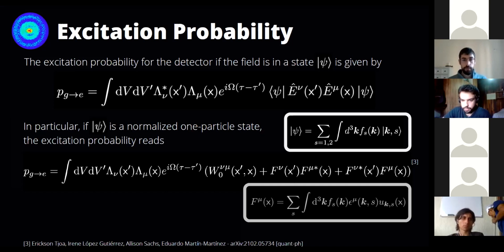So this guy will never contribute, and the vacuum excitation probability will always vanish in vacuum as well if the detector is inertial. So essentially, this term can be regarded as a counter-rotating term, this is a co-rotating term, and this is the vacuum contribution. Both of these do not contribute in the long time limit for an inertial detector, and only the particle content will actually be responsible for exciting the detector.